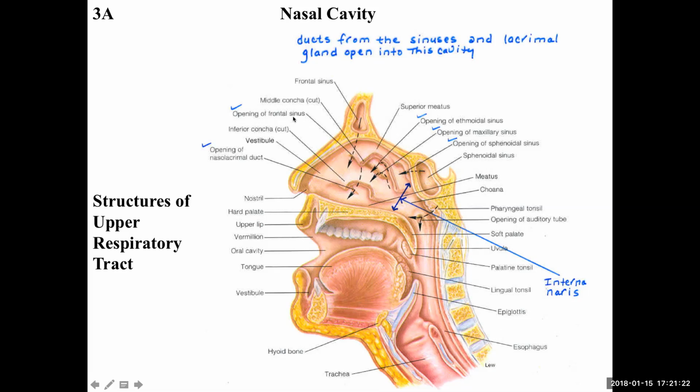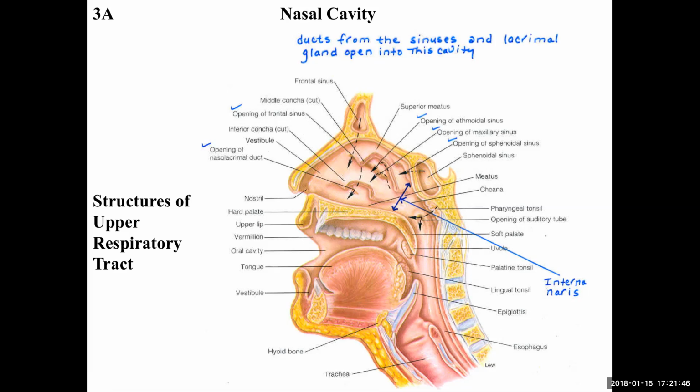And there's an opening of the frontal sinus right over here, and so forth. Here's the opening of the nasolacrimal duct right here. Okay, tears go into the nose. Okay, and we have these ducts and sinuses then, as well as the opening to the lacrimal gland.